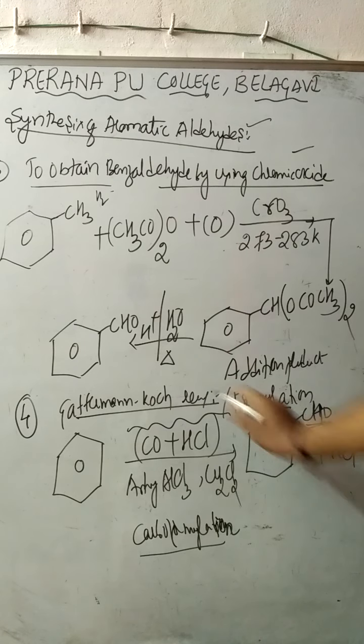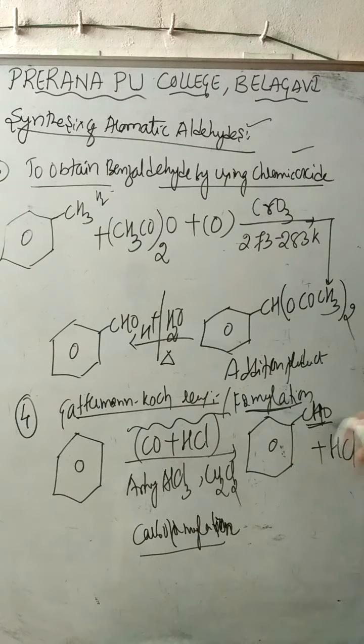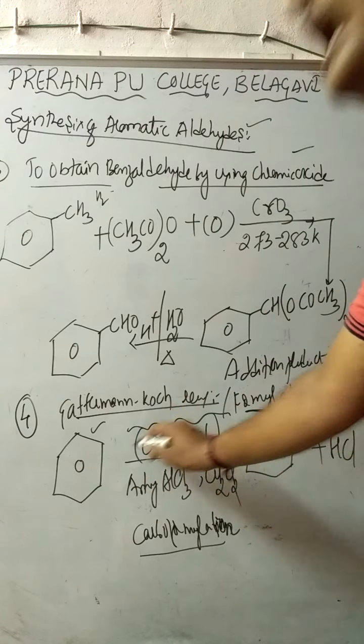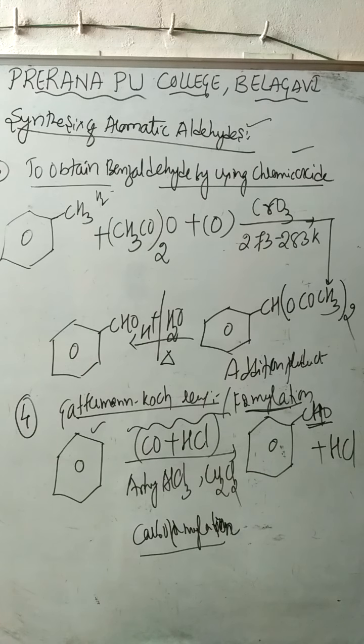Hence, the Gattermann-Koch reaction can also be called a formylation reaction or carboformylation reaction because benzene is added with carbon monoxide in the presence of HCl that gives rise to benzaldehyde as the major product in the presence of anhydrous aluminum chloride or copper chloride.